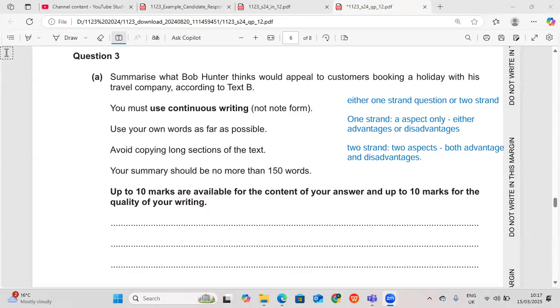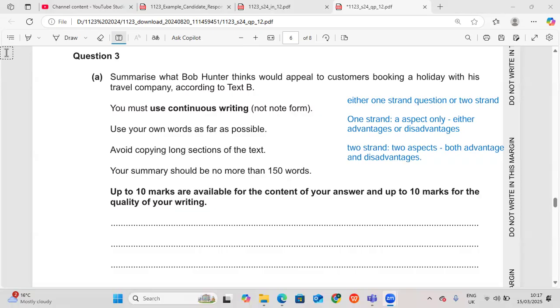So you cover your points according to the question, in a manner that can be helpful for the reader. Now if you look at the question, it says what Bob Hunter thinks would appeal to customers booking a holiday with his travel company.